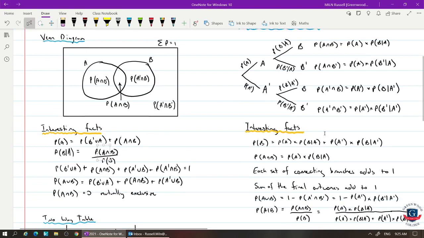Now the most difficult probability to probably find out on a conditional probability tree is A given B. Because to find A given B, we need the probability of the intersection of A and B and the probability of B. Well, the probability of B we worked out earlier was this statement here, that plus that. And the intersection is just that, so we set it up as two different statements and then divide them.